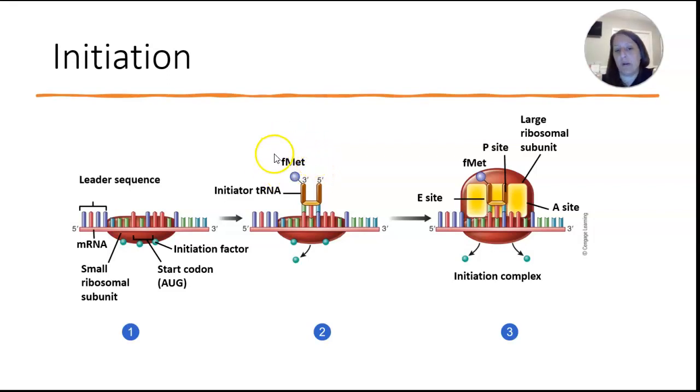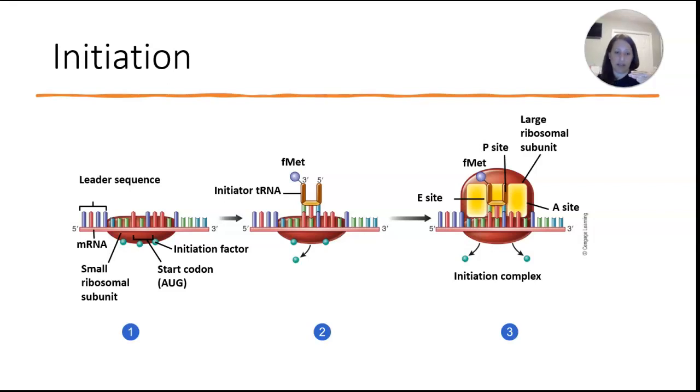This is our first amino acid. So our tRNA molecule is complementary base pairing to our start codon. That's going to trigger the release of one initiation factor. Then the large ribosomal subunit comes in and binds, and that triggers the release of the other initiation factors, and that is our initiation complex.